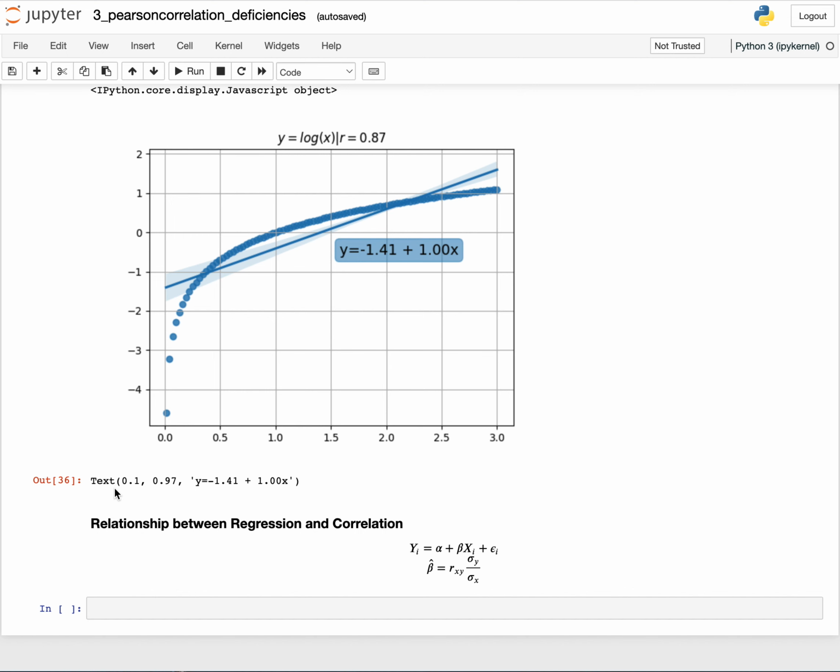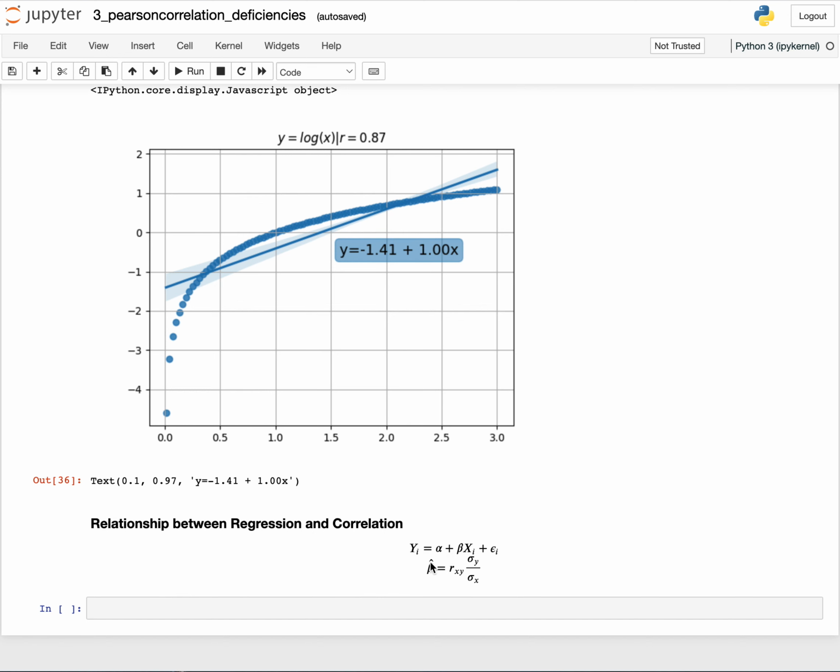Why do we say that correlation is a measure of linear dependence? Well, let's look at the relationship between regression and correlation. And these are formulas that are derived, and you can look them up elsewhere, but the relationship is, suppose I have a simple linear regression where y is related to x through a linear function with a bias of alpha and a slope of beta.